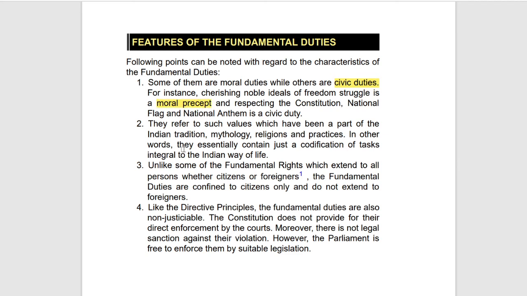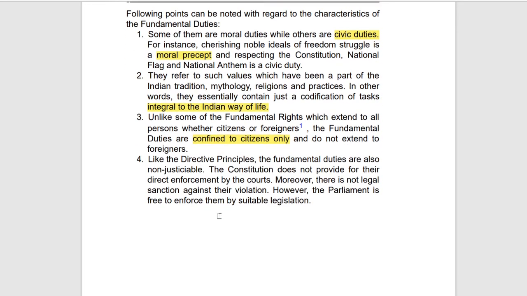In point number 2, you can just underline this word, integral to Indian way of life. From this you can note that it is not applicable to foreigners, okay, confined to citizens only. So in this way again there will be new notes for features of Indian fundamental duties.